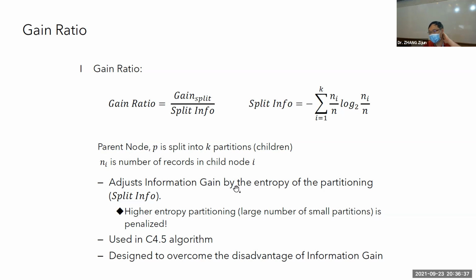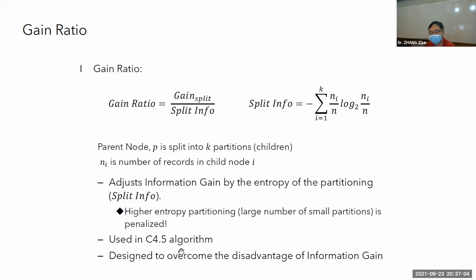So this adjusts information gain by the entropy of the partition. Higher entropy partitions, that means a large number of small partitions, are penalized by this denominator, the split information. We don't want a very large number of partitions where each partition has a very low number of data points.